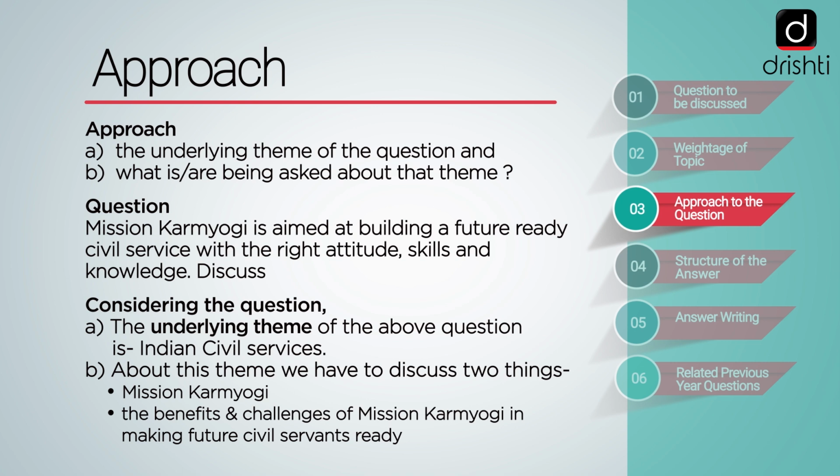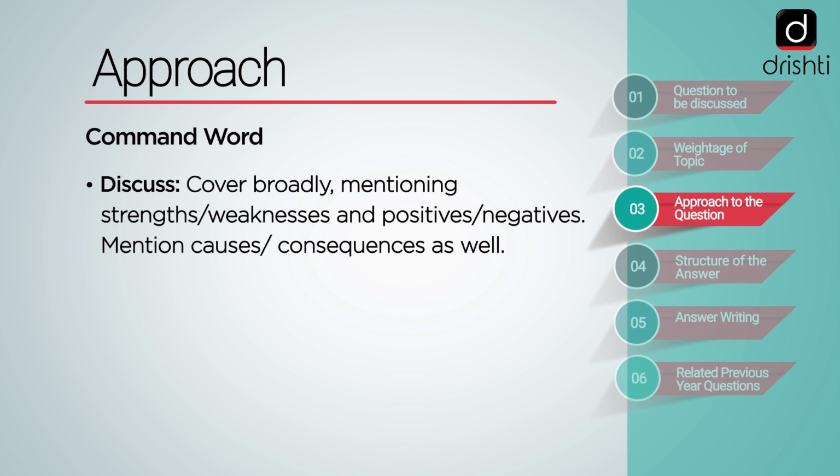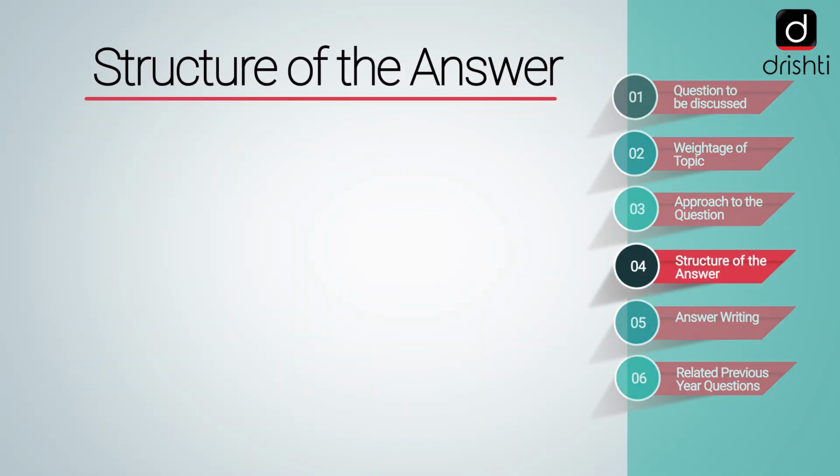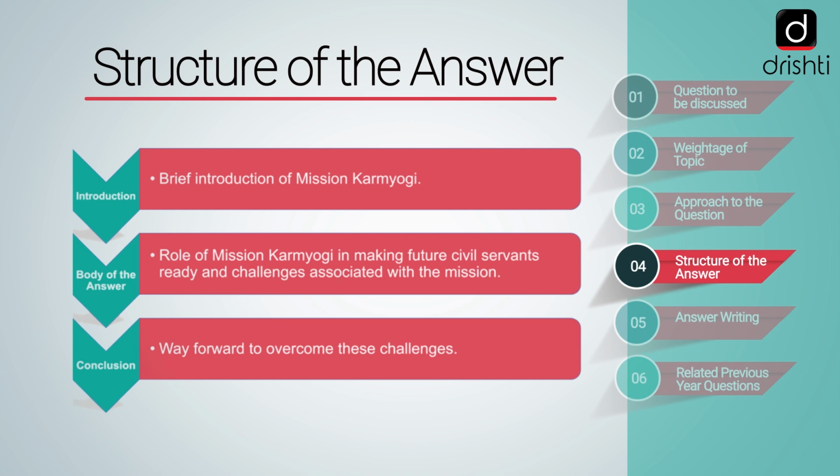To answer the given question, let us first understand the meaning of the command word discuss. Discuss means to cover broadly, mentioning strengths, weaknesses, and positives and negatives, and mention causes and consequences as well. Now, let us focus on how to structure the answer.